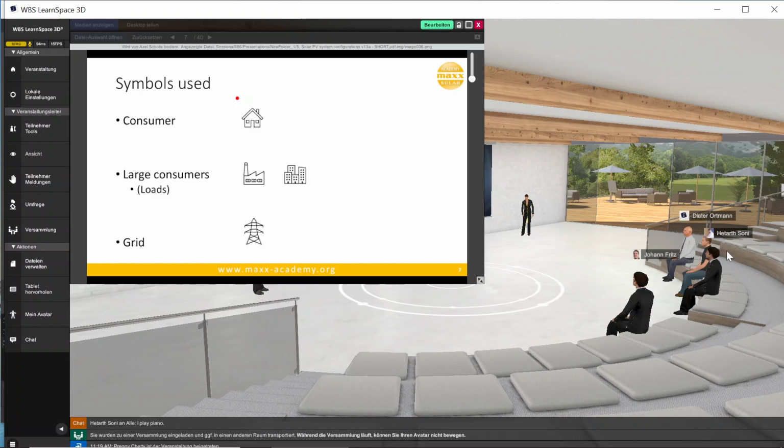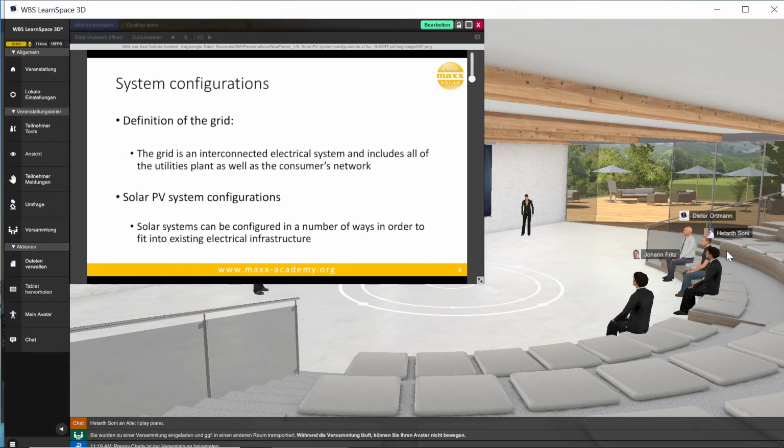So we have drafted a couple of system configurations, but just in terms of the grid, I think it's important because one also needs to understand when you are on grid, when you are off grid, and the different constellations.